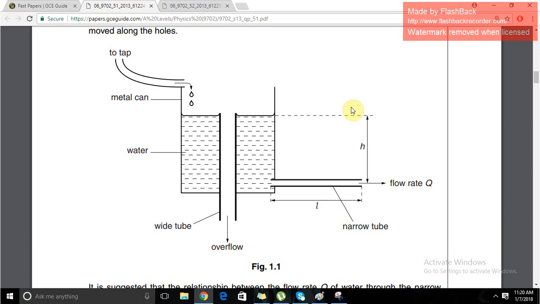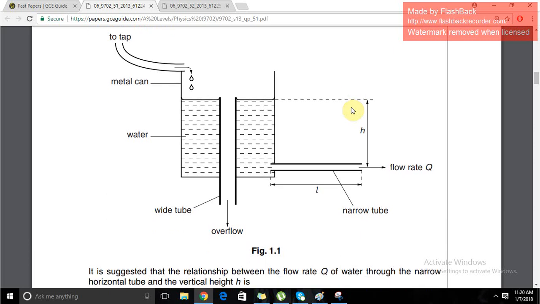So you don't actually need to vary, you just need to vary the pressure in order to see a subsequent change in Q, and Q is the one that you need to actually be aware of. So what is the independent variable? That is the one you're changing by yourself.